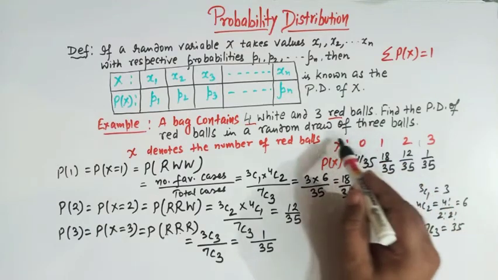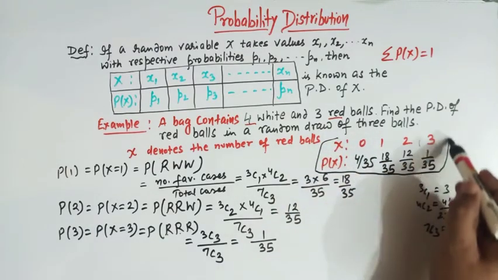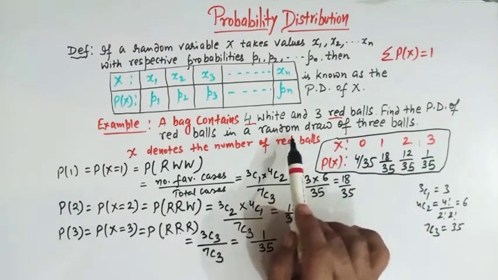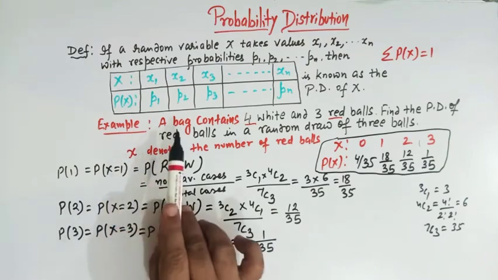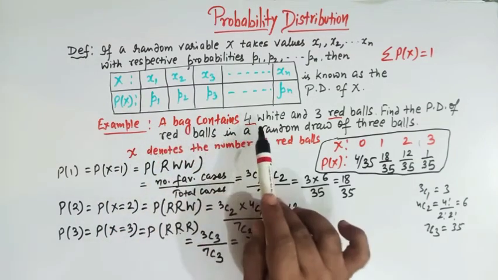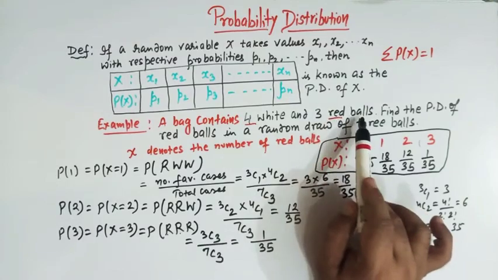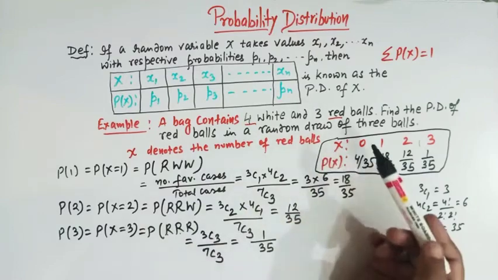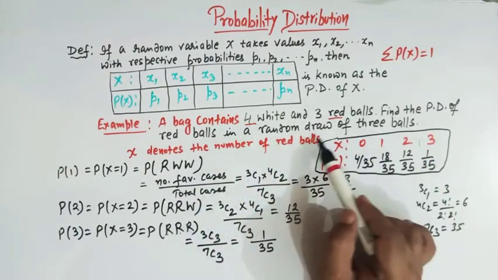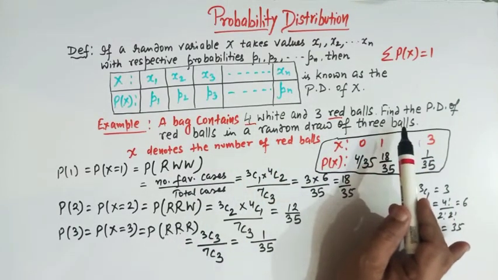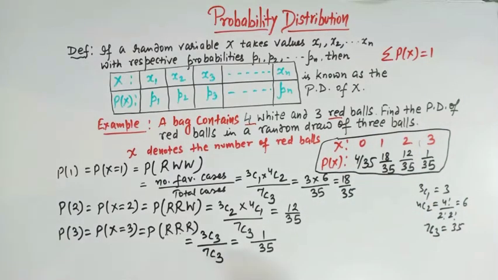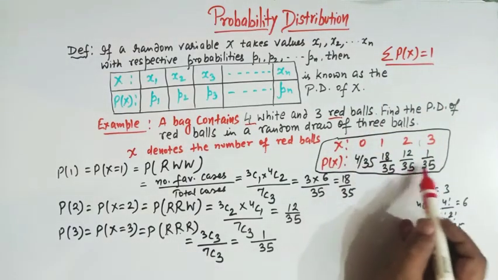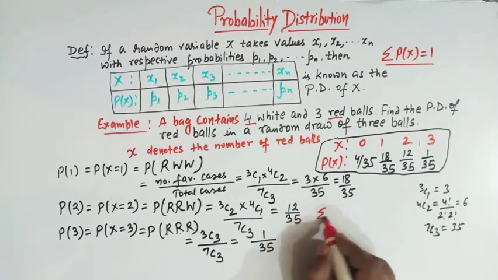So this table is known as the probability distribution for the random variable x when we have a bag containing 4 white balls and 3 red balls, and we have to draw the red balls in a random draw of 3 balls, right? Now here again we can verify that the sum of all these probabilities should be equal to 1.